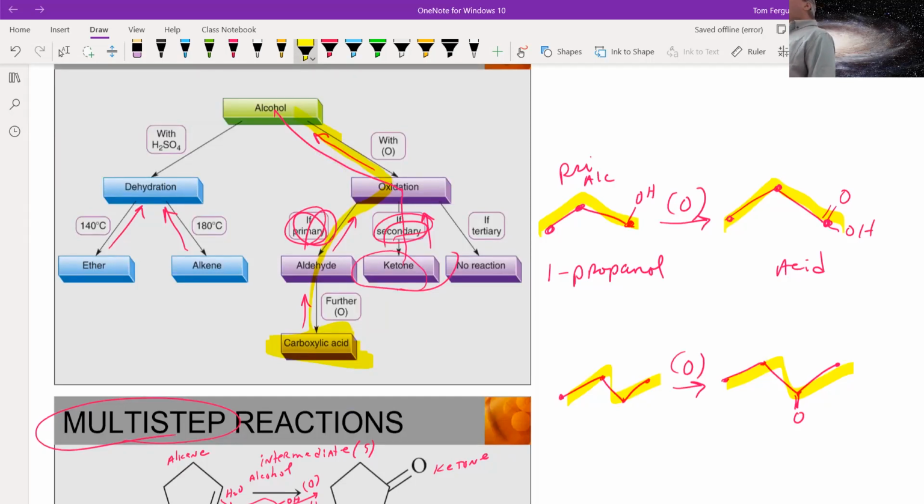That means the OH group is in the middle. So we have a secondary alcohol oxidizes to a ketone. Now, this has no hydrogens here. That means it cannot be oxidized further. The aldehyde has an H there, so it can be oxidized again.